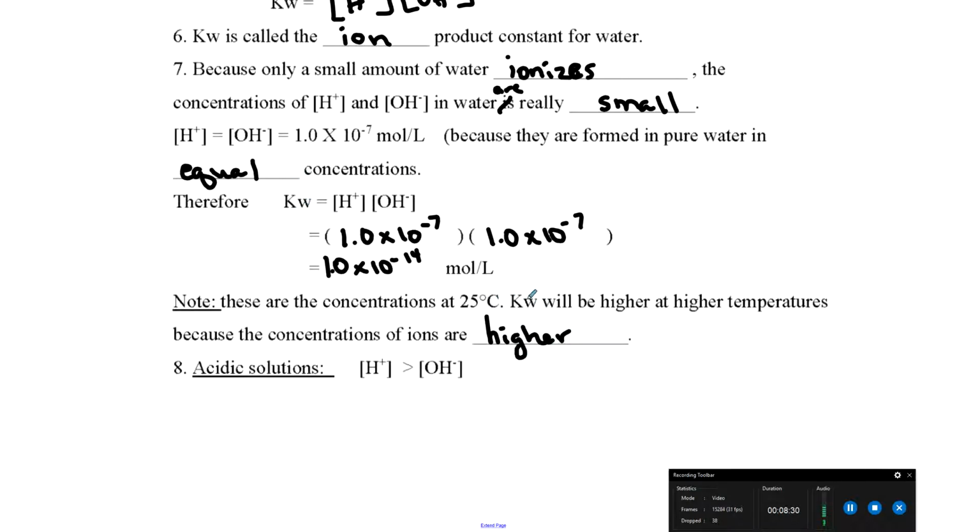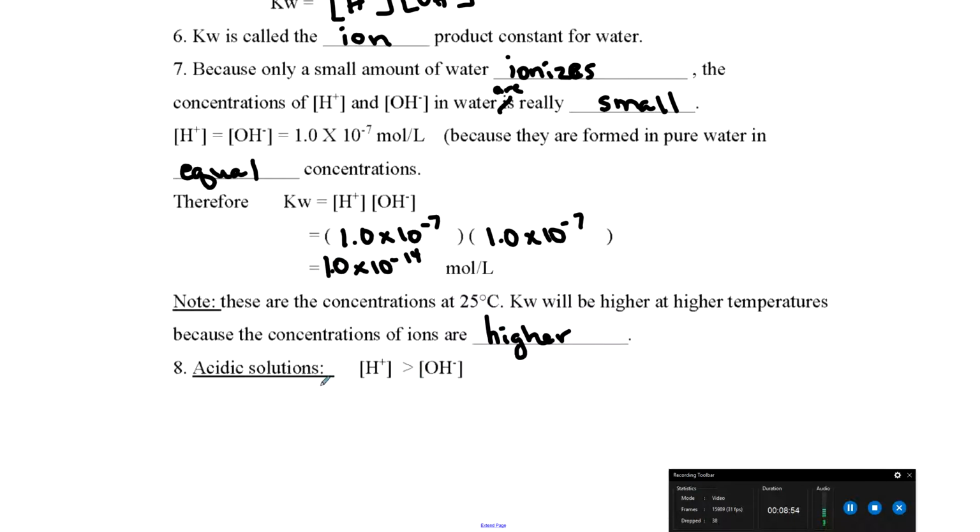At lower temperatures, you get less ionization because the water molecules have less energy, less motion, fewer collisions, and therefore fewer ions are formed. This value is specific to 25 degrees, but it's the value we'll always use unless otherwise stated.